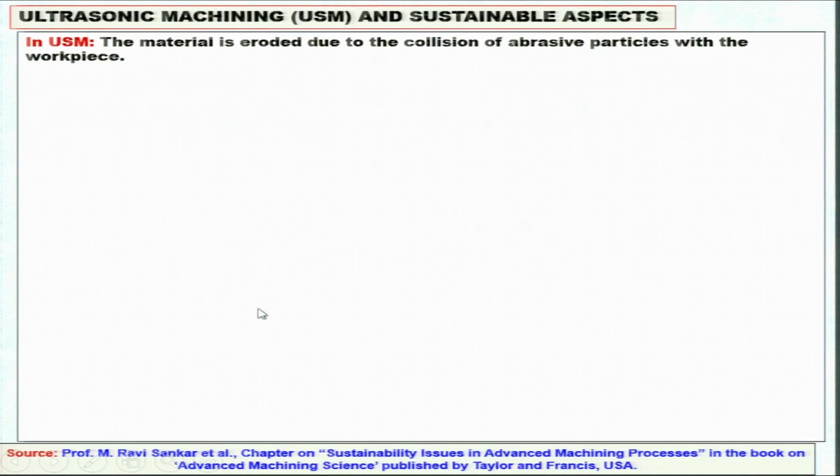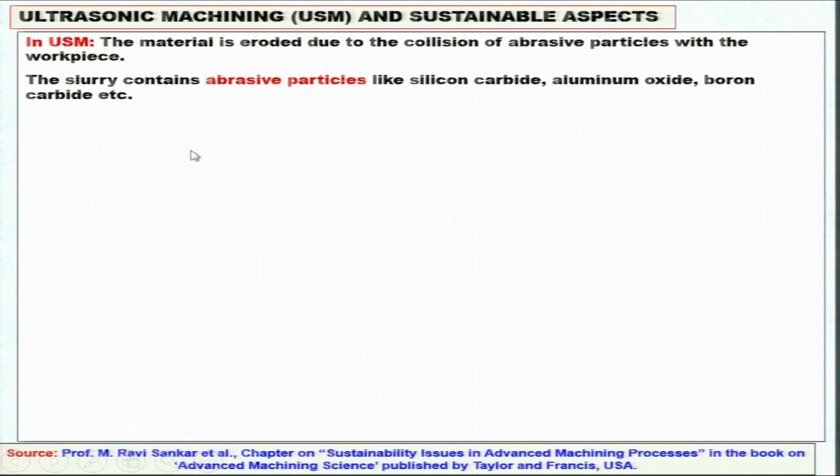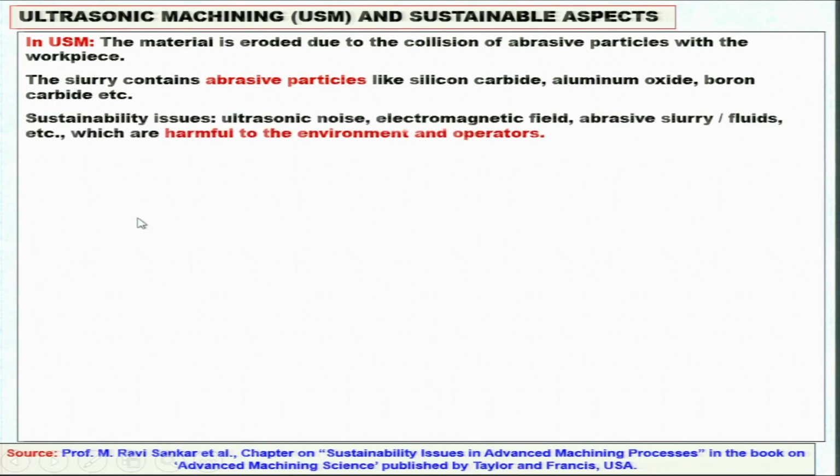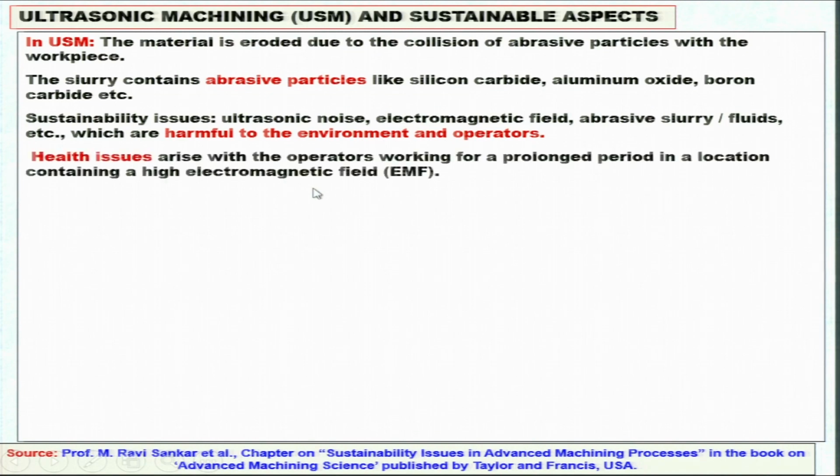Ultrasonic machining, this is another commonly used machining process. In USM, the material is eroded due to impact of abrasive particles with the workpiece. The slurry contains abrasive particles like silicon carbide, aluminum oxide, boron carbide, etc. Sustainability issues are ultrasonic noise, which is harmful, electromagnetic field, abrasive slurry fluids, etc., which are harmful to the environment and the operators and surrounding people both.